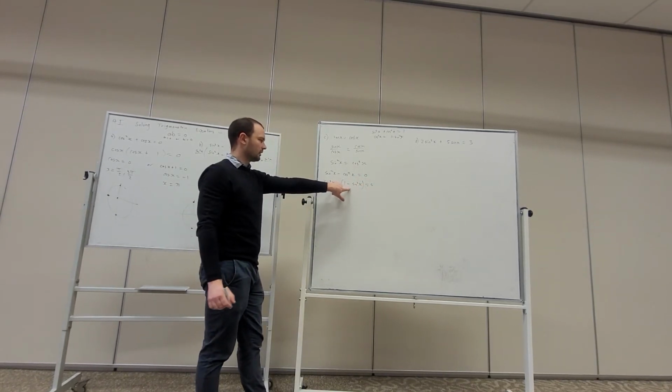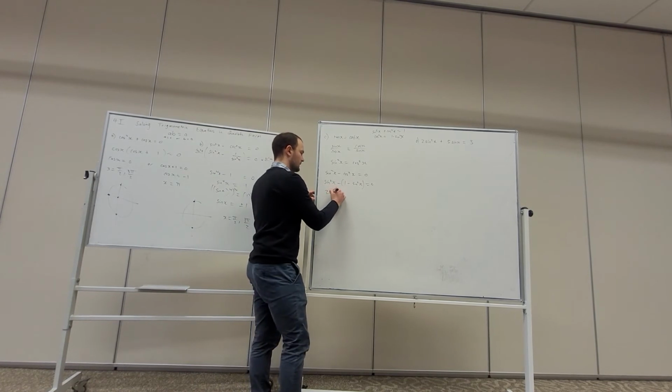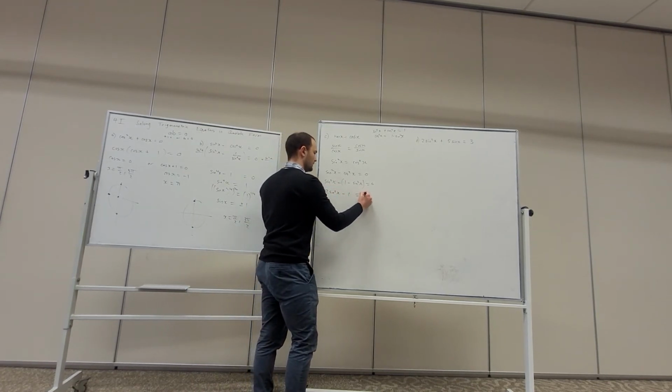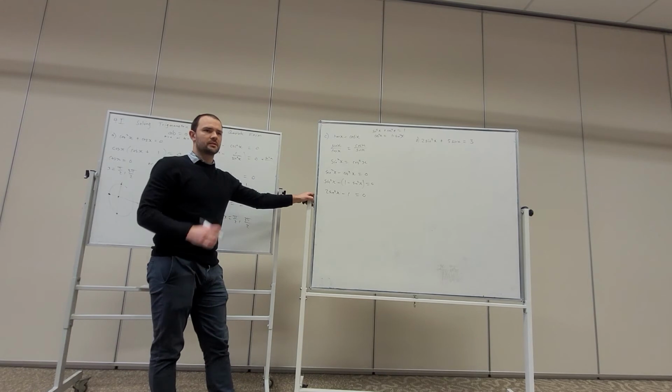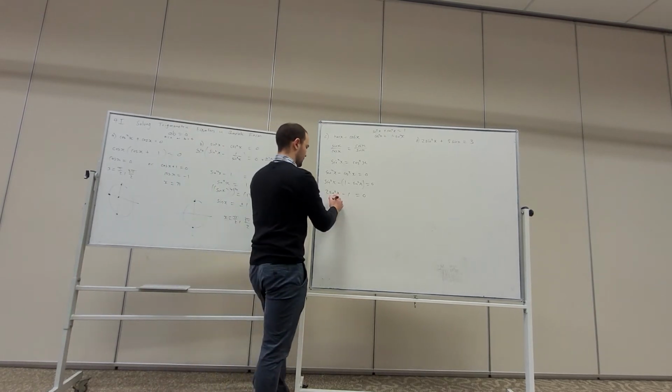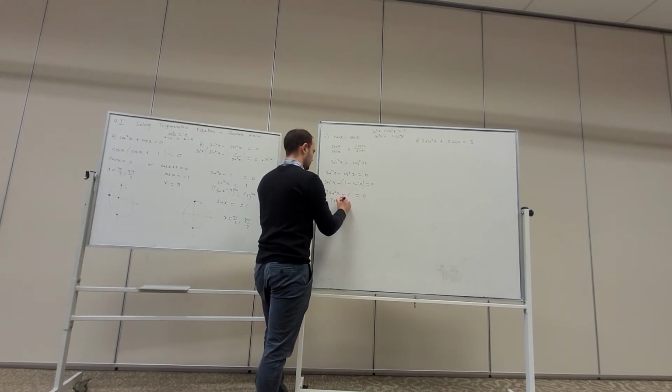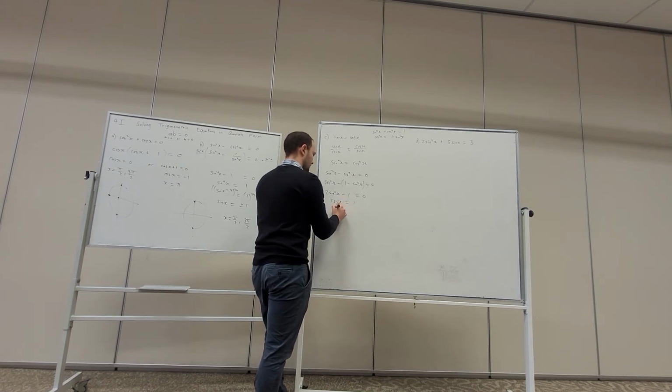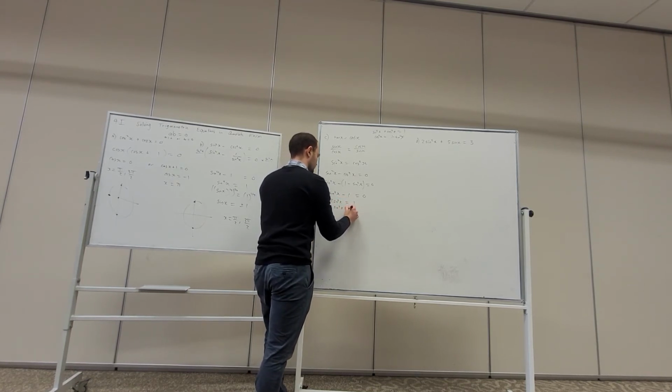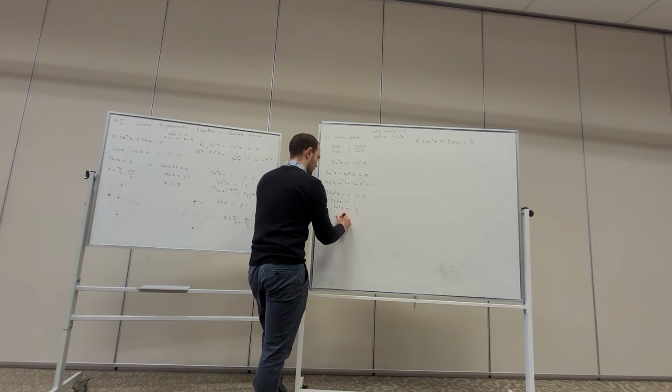And then this, we can collect like terms here. That's going to be 2 sine squared of x take 1 is 0. And we're going to solve for sine of x. So move the 1 over. Divide both sides by 2. And then square root both sides.